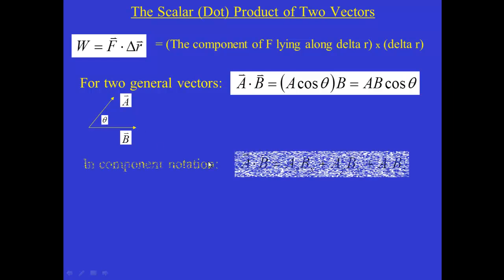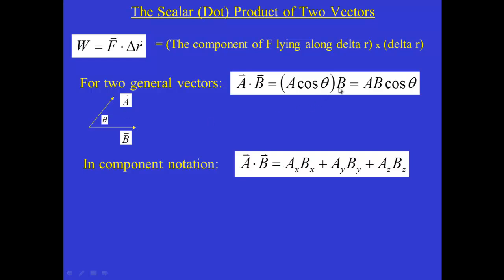In component notation, let's say that you're given your two vectors A and B, not drawn in space with respect to a particular coordinate system, but we're rather told that A is something times i plus something times j, and that B is the same thing. How do we find the dot product of two vectors given in the component form?